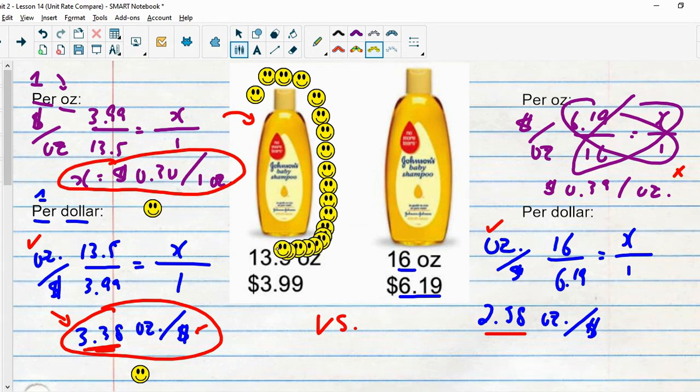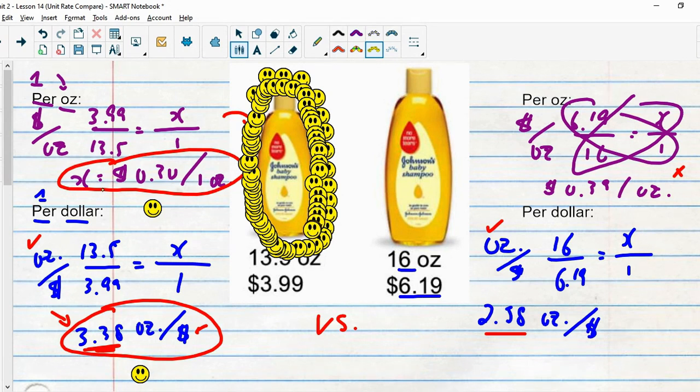Because no matter how you slice it or squeeze the bottle, pardon my pun, this is still the better deal. Whether you're judging it by how much money you have to pay, this one's cheaper, right? Or judging by this one, you get more shampoo. So this one's cheaper, right? This way of solving it tells you you're gonna get more shampoo. So either way, you're good.